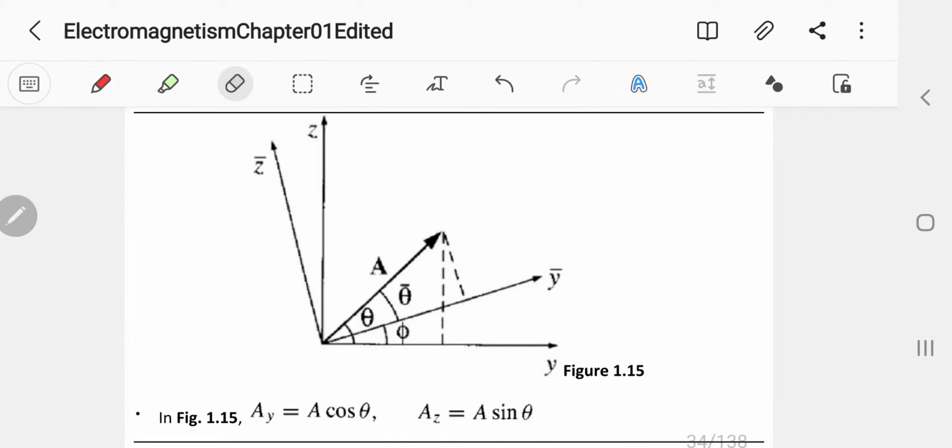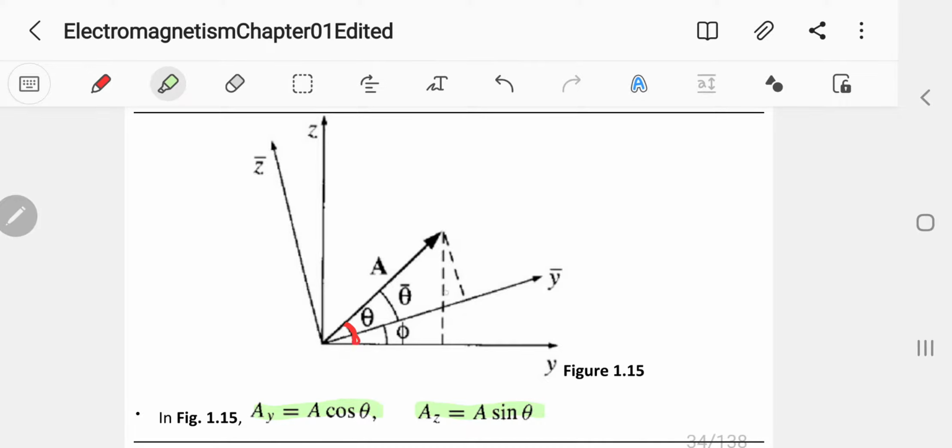So how would you do the transformation? In this case you have originally your AY equal to A cosine theta. This is the original angle between A and the original coordinate system. And then your AZ would be A sine theta.